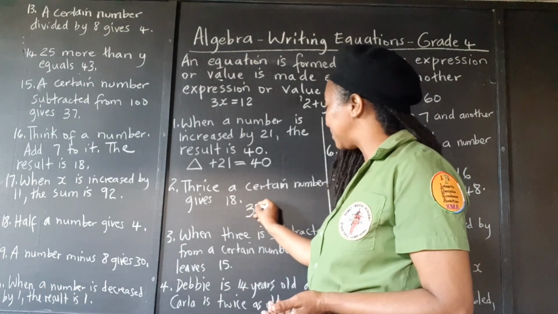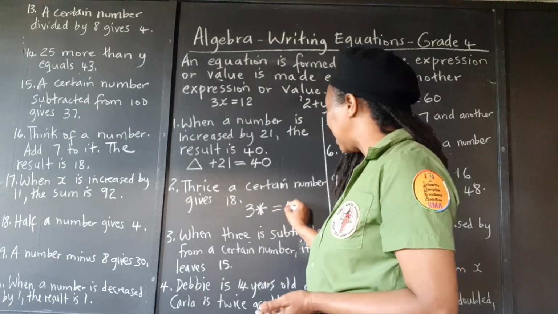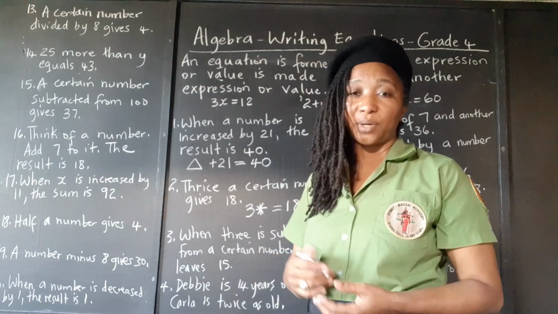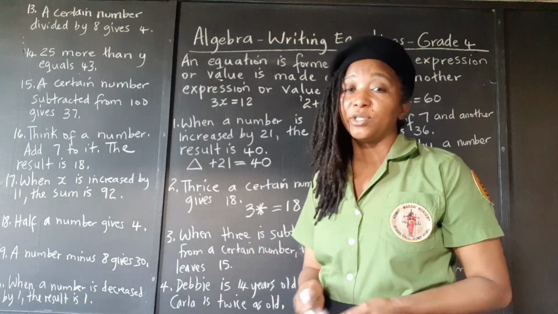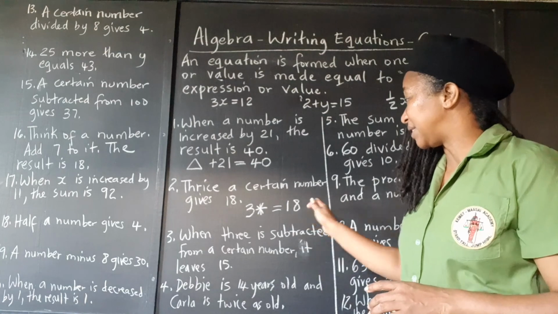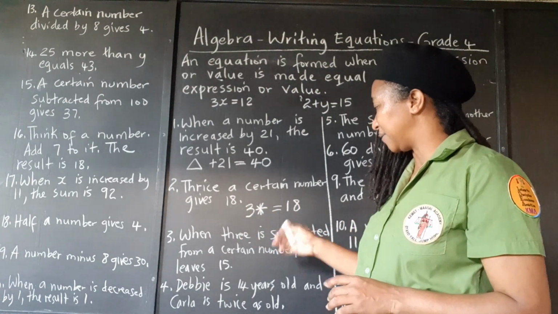So 3 times that number gives 18. What is the number that the asterisk represents? And next video we're going to see how to solve for that number. So this is our equation: 3 asterisk equals 18.